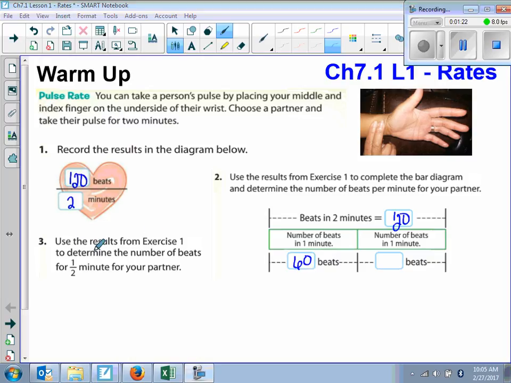So number 3 says use the results from exercise 1 to determine the number of beats for half a minute for your partner. So half a minute, if I have 60 beats in 1 minute, how do I figure out how many beats in half a minute?